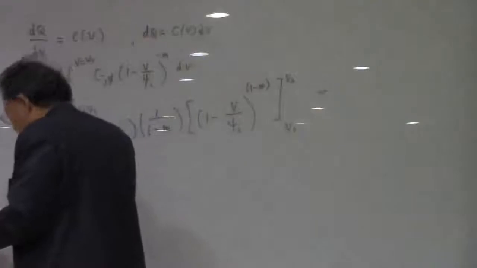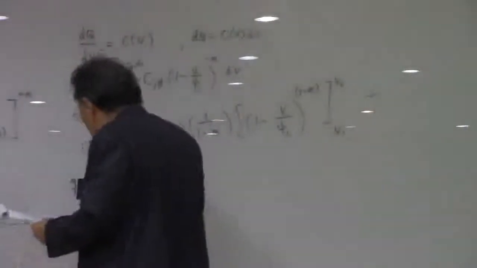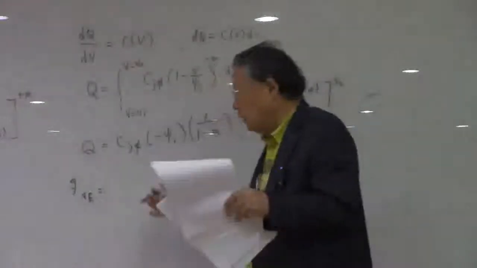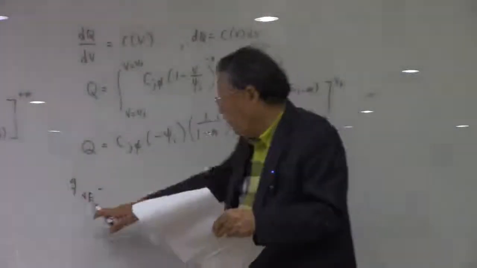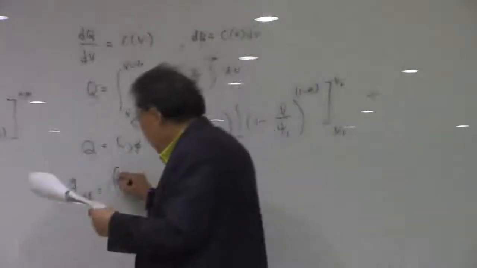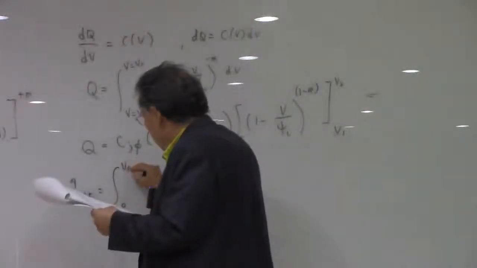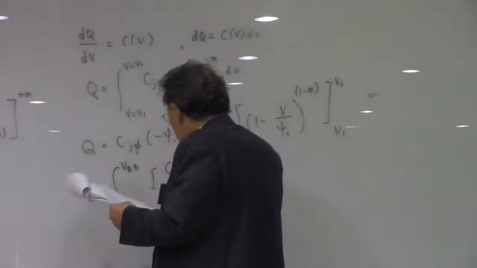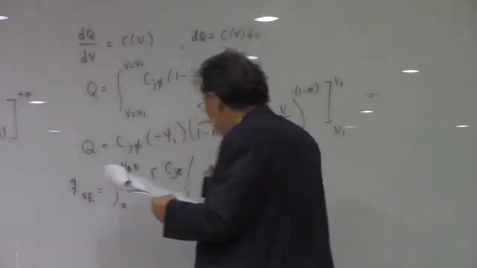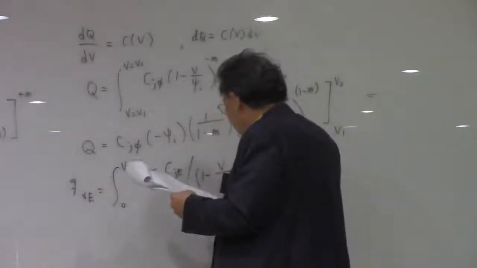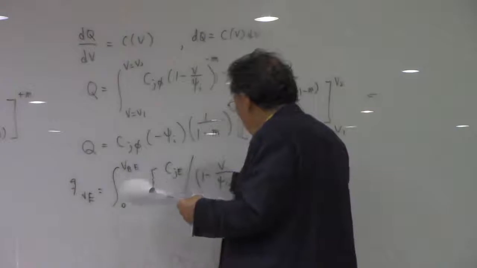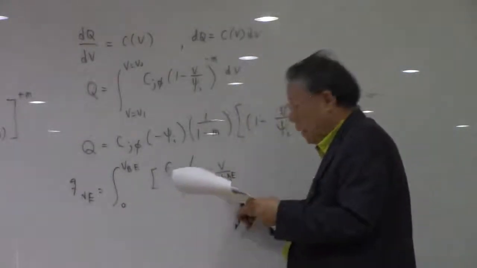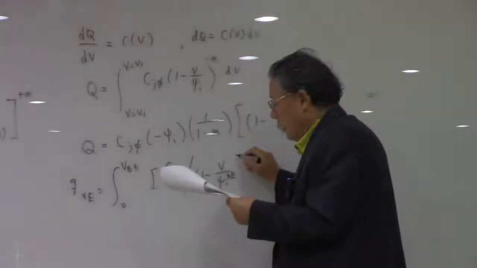And so QVE, that is the charges which can be in the space charge region between emitter and base, right? And that is going to be CJE over 1 minus V over psi I. This psi I is going to be the base-emitter psi I. Okay?